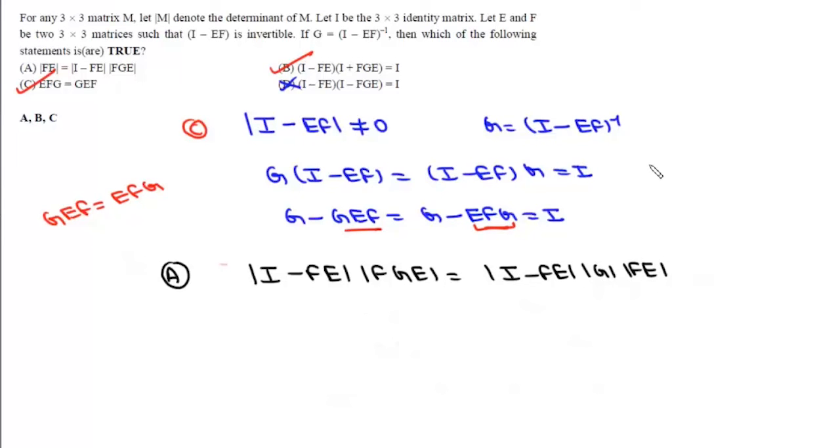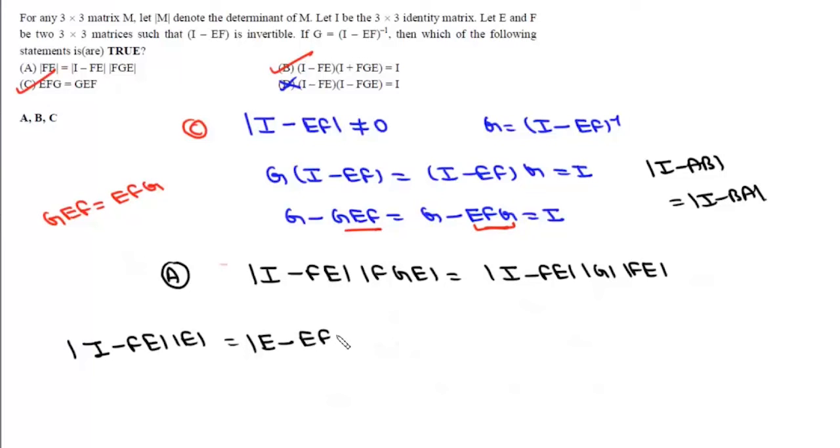Now we know that determinant of I minus AB is the same as determinant of I minus BA, and we can prove it also. So we can write this determinant of I minus FE into E as determinant of E minus determinant of EFE. That is, we have multiplied this E from the left.